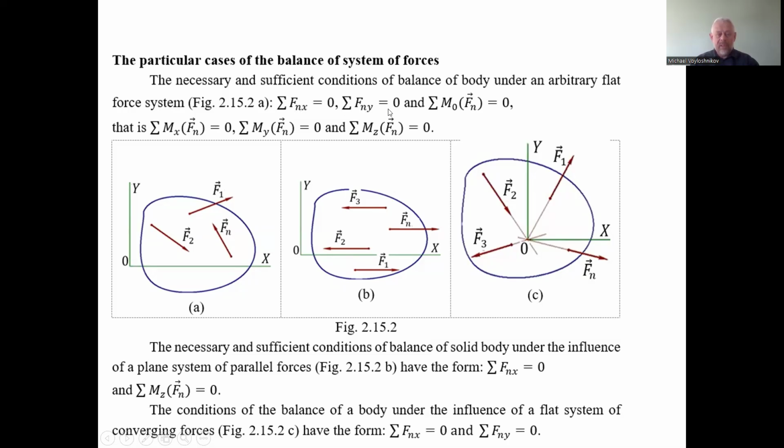And the condition of the equilibrium of the mechanical system of a body under the impact of this system of forces F1, F2, etc., Fn is that the total moments of all efforts in the plane 0, xy have to be equal to 0. So the moments of the forces acting in the plane 0, xy have to be equal to 0.